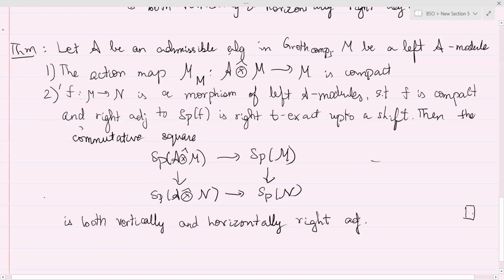Sorry to interrupt, I just wanted to ask, in the first statement, are you sure there's nothing additional? Shouldn't the right adjoint of Sp of mu_M also be right exact up to a shift? Oh yeah, compactness is equivalent to that condition. Oh, I see what you're saying.